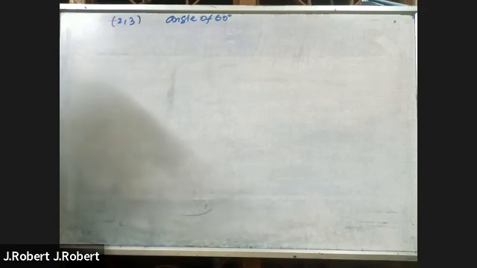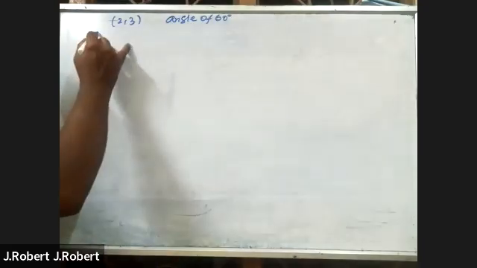Solution. Here it is given that the lines passing through the point 2, 3 intersect each other at an angle of 60 degrees. If the slope of one line is 2, find the equation of the other line.